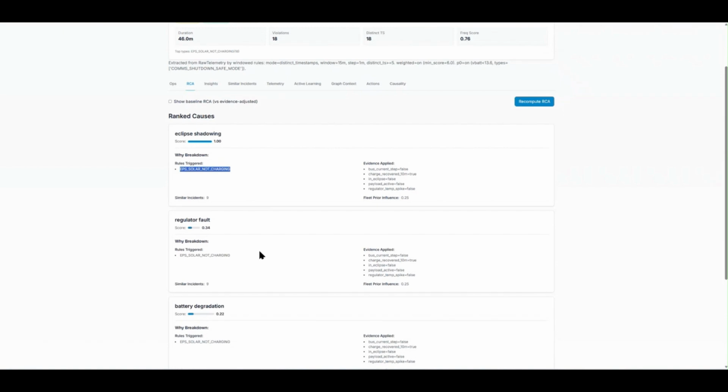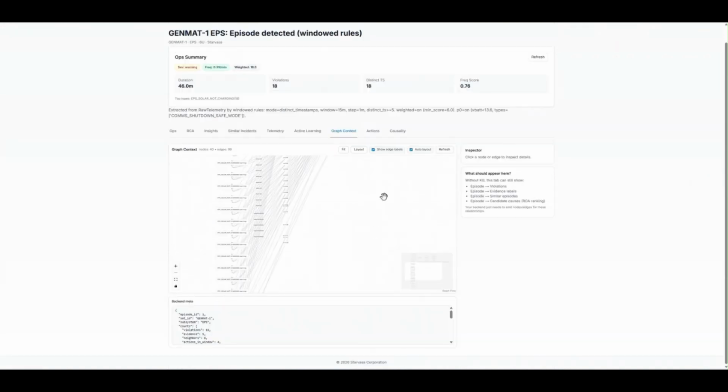We wanted to do a rule engine that tells you what action to take when something happens. Currently this screen is only showing the cause. It is not tying to the action. For the action, you have to look at the graph context. Probably in the newer build, we'll connect that. We can say action is what was actually taken, and we should have something called recommended action for this kind of RCA.